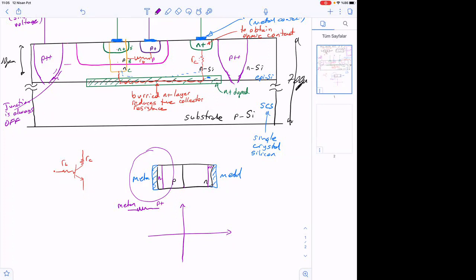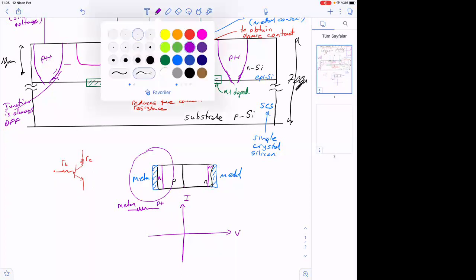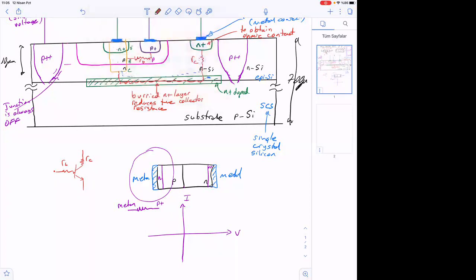And then if you look at the IV curve, it is going to be very sharp here.